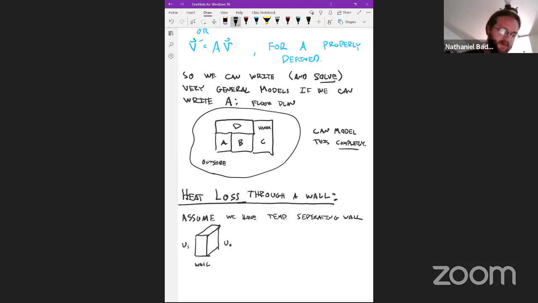For the temperature separating the wall, we got the following differential equation: d squared u over dx squared equals minus s k.